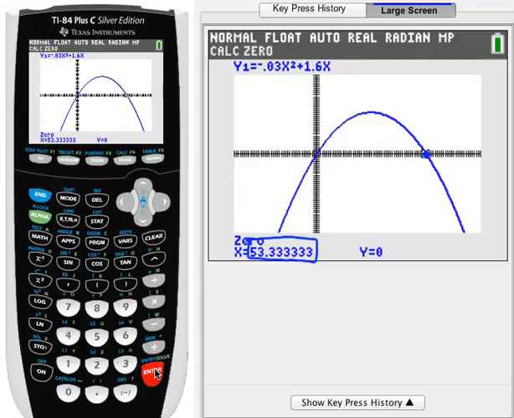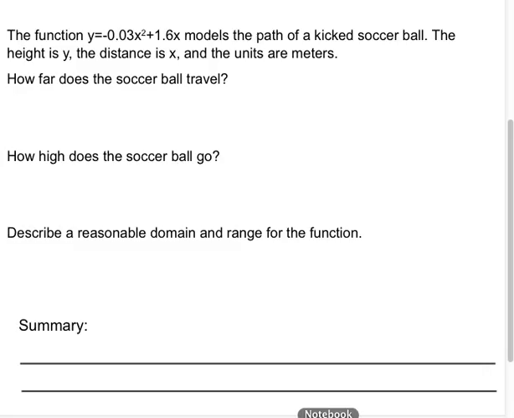How long does it take to get back to the ground? 53.3 repeating, okay? So that's how far my soccer ball went. 53.3 repeating. We're talking about meters. So that's how far this thing went.